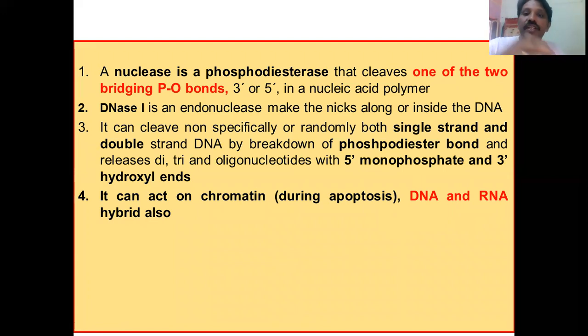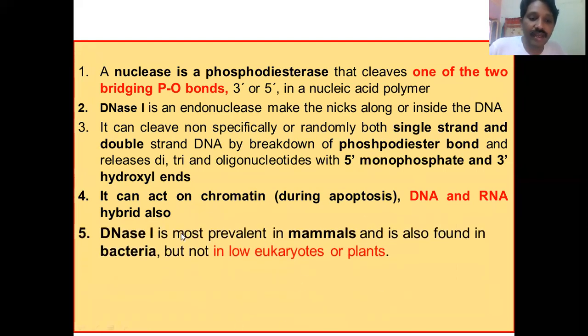And also it is involved in base excision repair, right. And DNase I is most prevalent in mammals and also found in bacteria, but not in lower eukaryotes or plants.